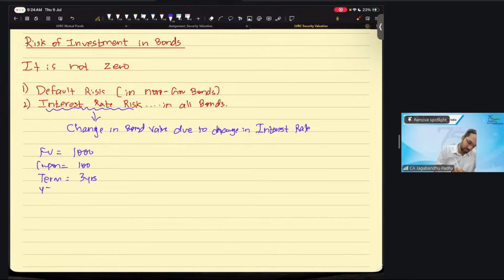And if the YTM is, let's say, 12%. So if the YTM is 12%, can you tell me what is the bond value?